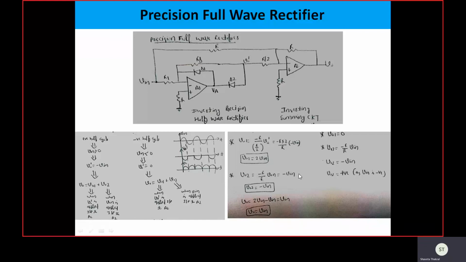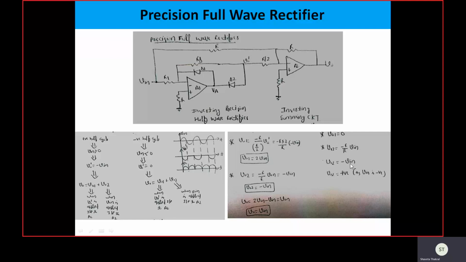And if we see the negative half cycle, in the negative half cycle, V naught dash is 0. So as V naught dash is 0, that means V naught 1 is also 0. And the V naught 2 is minus of V in, that we have calculated. So when we add these two values, V naught 1 is 0 and V naught 2 is minus V in.